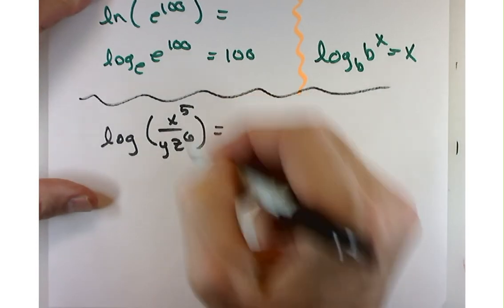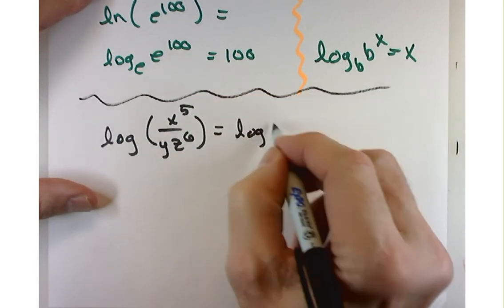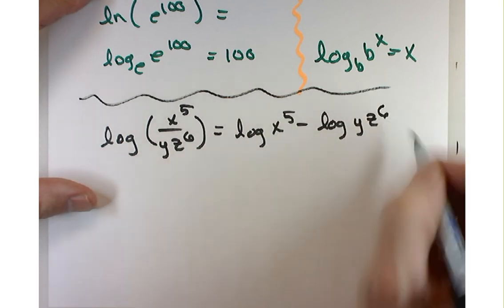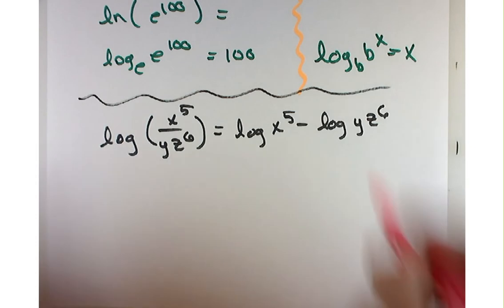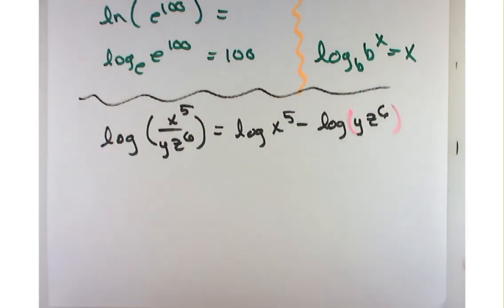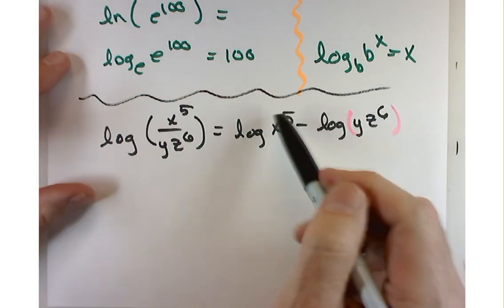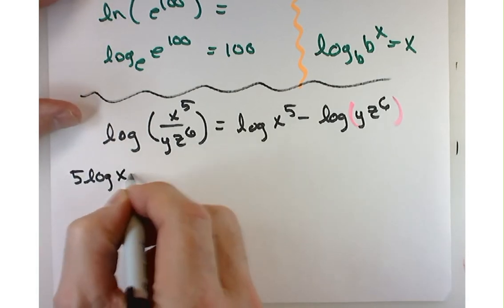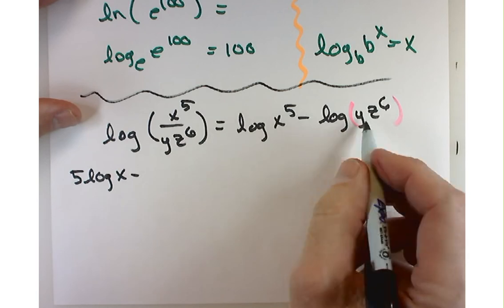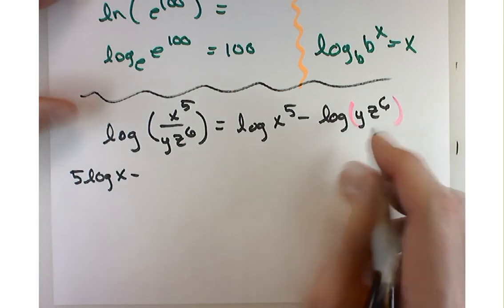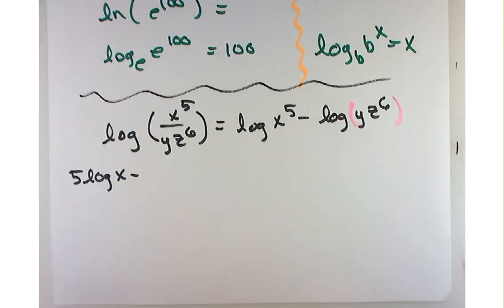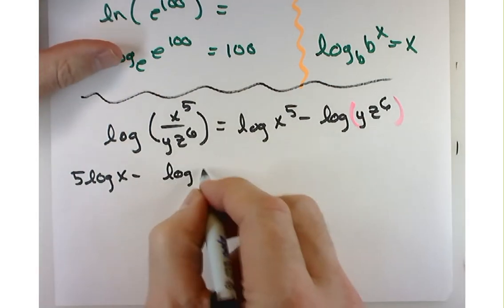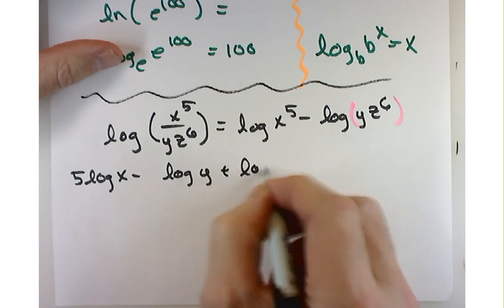You have to start with the quotient rule. This is log of the numerator minus log of the denominator. I can use the power rule here, so that's 5 log of x, but I can't use the power rule here. Instead, what rule do I have to use next? Product rule. So that's log of y plus log of z to the 6th.